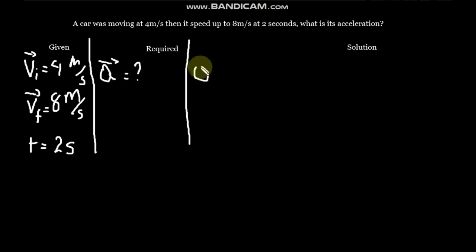Okay, so let's use the formula. The formula is acceleration equals final velocity minus initial velocity over time. So the final velocity is here, 8 meters per second. Just to wrap it up, you can just make a bracket and write only the coefficients and write their common units.